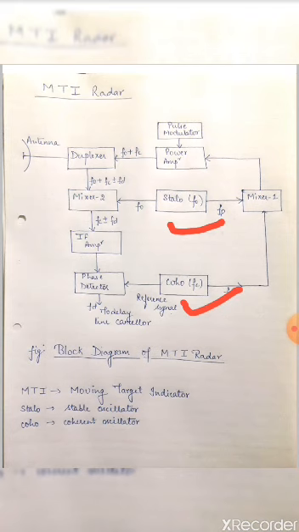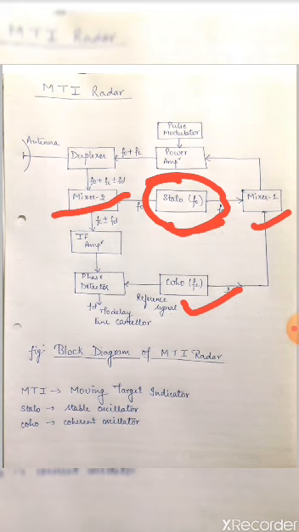Stalo stands for stable oscillator and the coho stands for coherent oscillator. The coho operates at the same frequency as the intermediate frequency. Mixer 1 and mixer 2 are identical, and both use the same local oscillator, that is the stalo oscillator.